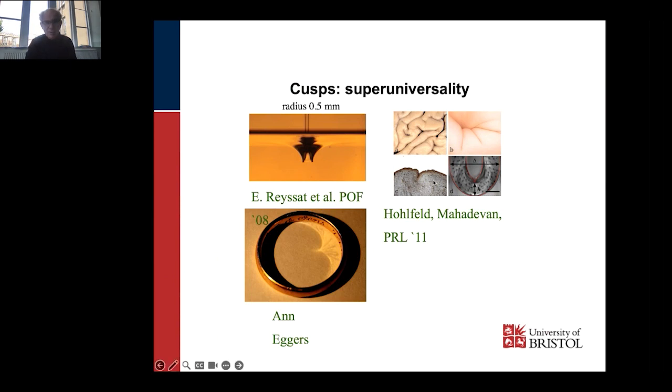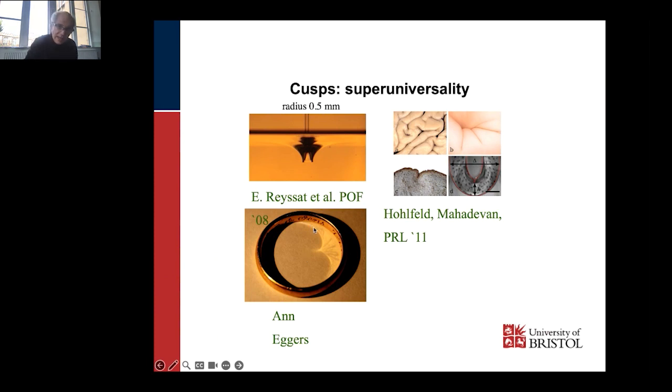You get very similar cusp-like singularities in elasticity, like the cuspoidal end here on the border of a slice of bread. And remarkably, this is yet a completely different cusp, namely a cusp caustic.